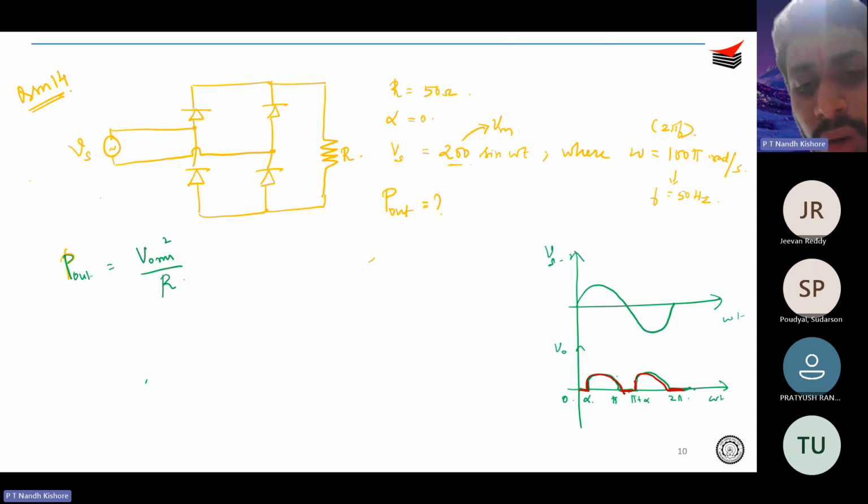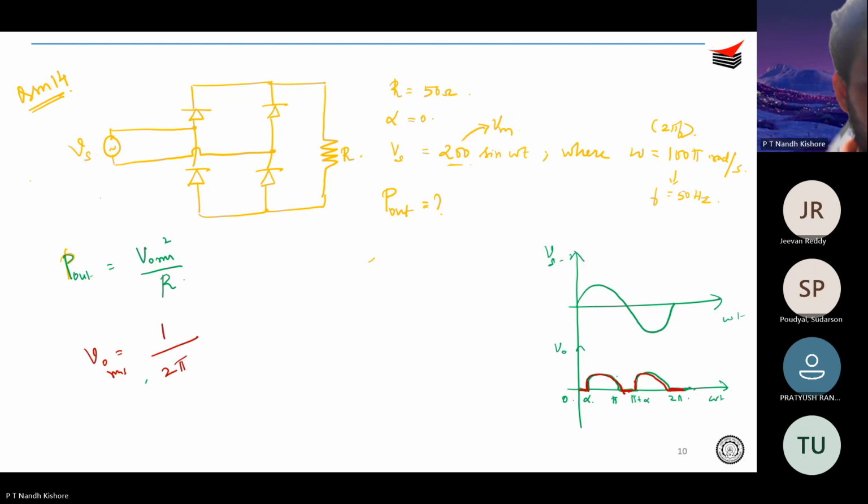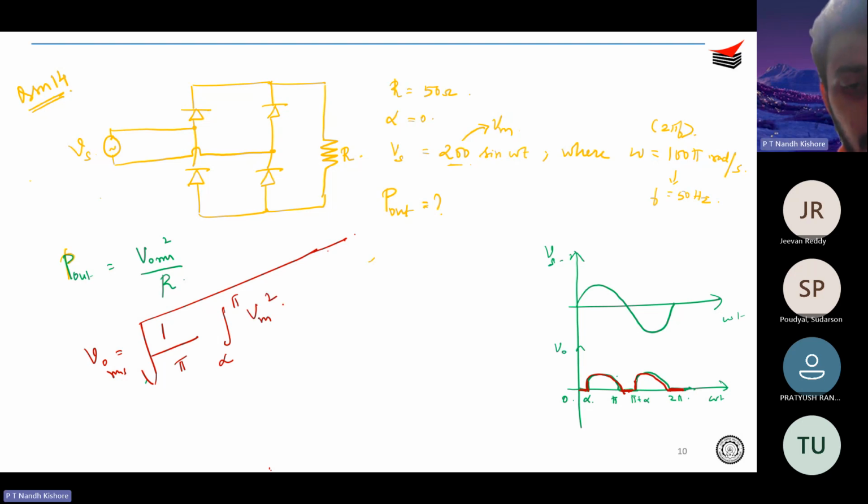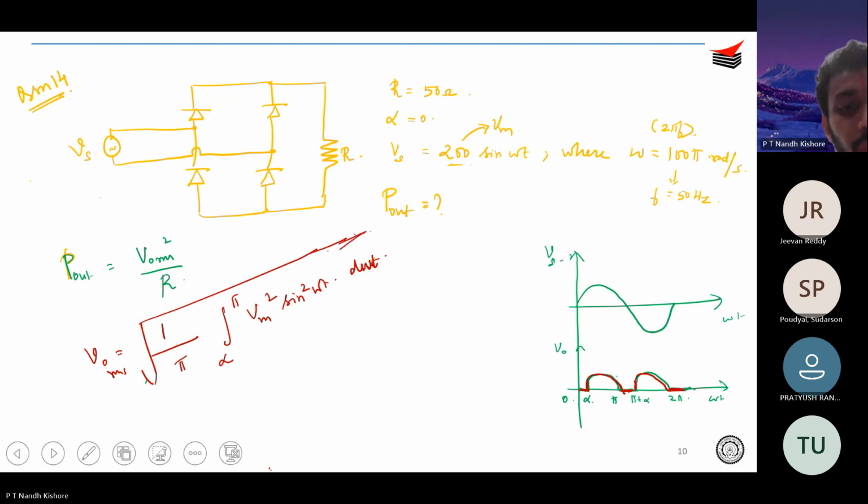So how do you find out the RMS? V naught RMS is root over 1 by pi, not 1 by 2 pi. You see that this is repeating after every pi, right? So you can take the total time period for this as pi. So root over 1 by pi and then integral alpha to pi Vm square sine square omega t d omega t. Correct? Fine.